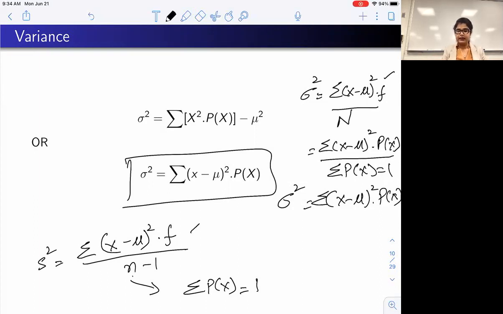And something divided by 0 is infinity. So it is not giving you anything. It doesn't make sense, right? This is why here we have to calculate the population mean, population variance, and population standard deviation.